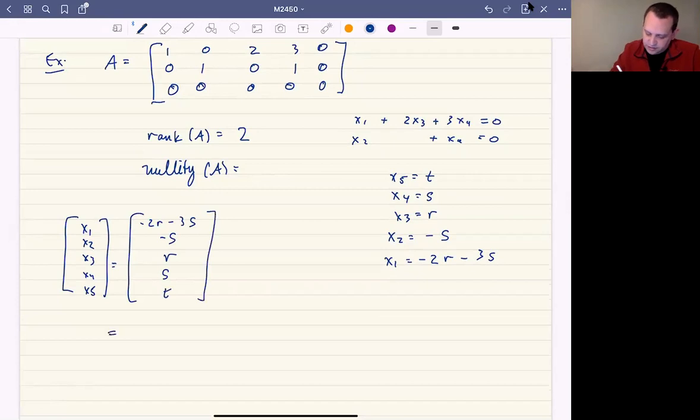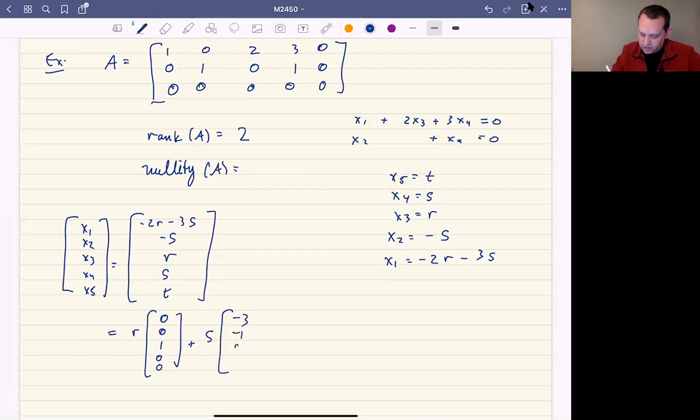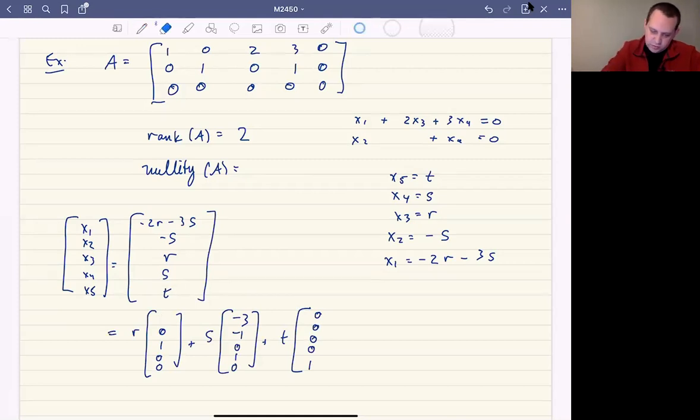And so that's going to be r times the vector 0, 0, 1, 0, 0, plus s times the vector negative 3, negative 1, 0, 1, 0, plus t times the vector 0, 0, 0, 0, 1. And I think I'm missing something for the r's. Yeah, the first entry in the r vector should have been a minus 2.